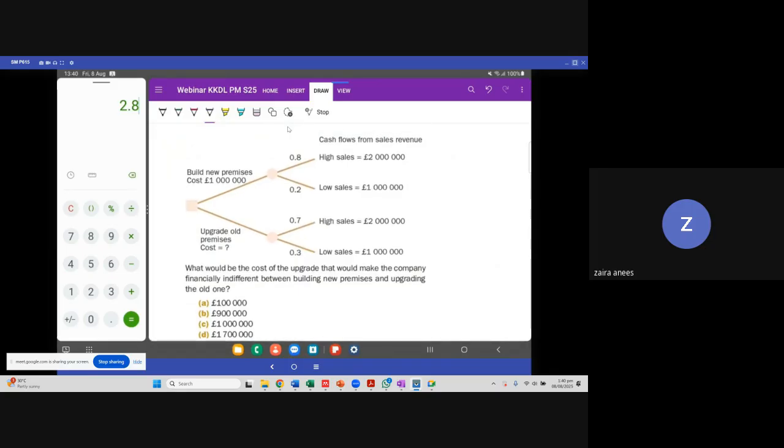I want you guys to solve this question. I'm giving you 2 minutes. Think how you can identify this initial cost. Read this part. This is important.